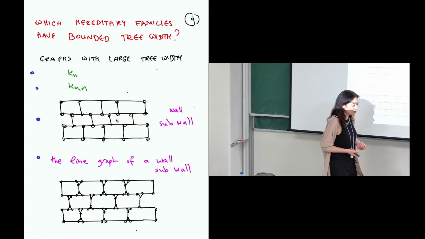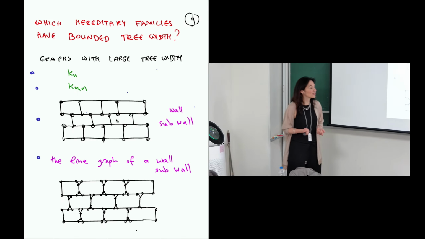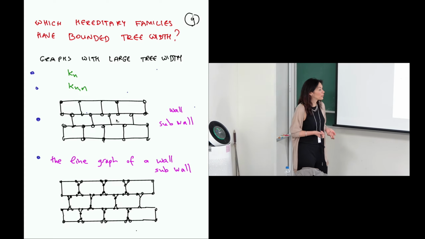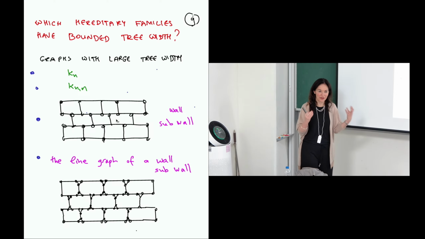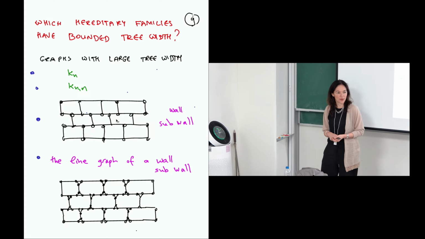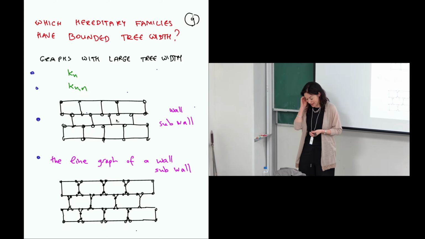So small treewidth is very good for you. You can run algorithms. The graphs are easy to understand. So we want to know which hereditary families have small treewidth. Which hereditary families can you get a bound on the treewidth of all graphs in this family? And this is not the first time somebody asked a question like that.